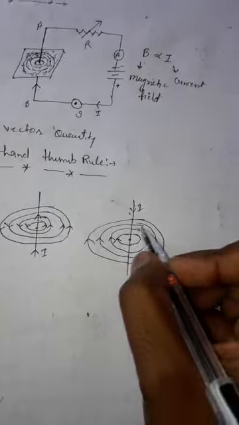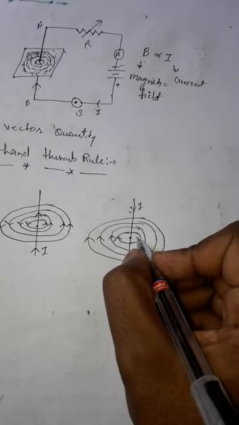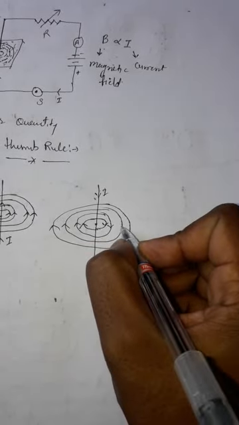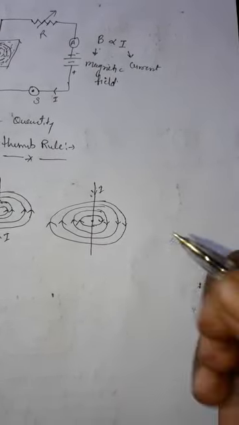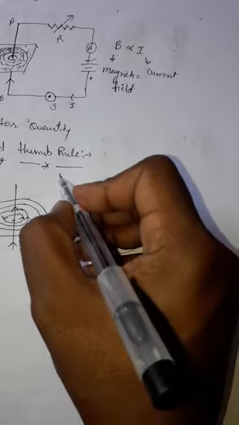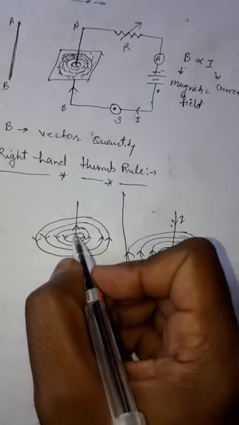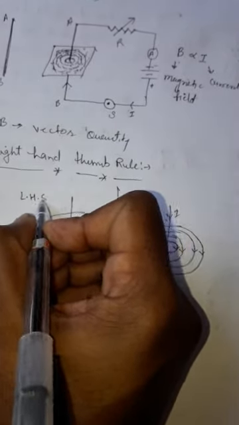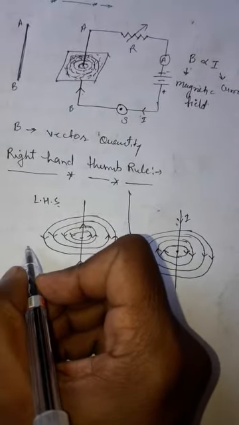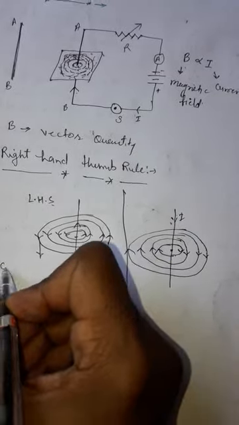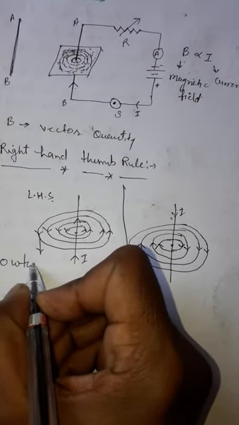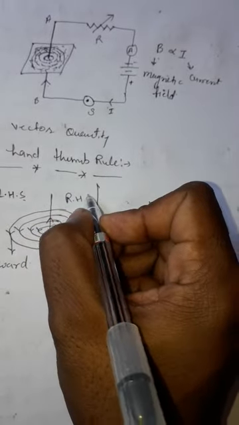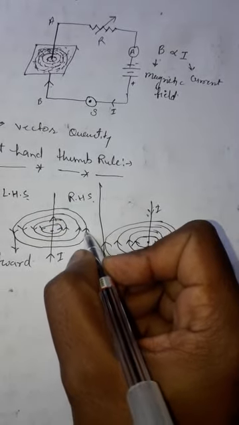As these are closed loops, on the right side it appears to come out from the plane of the paper. It is outward. So we can write here, in these two cases, when current is in the upward direction, on the left hand side the field is outward, and on the right hand side the field is inward.